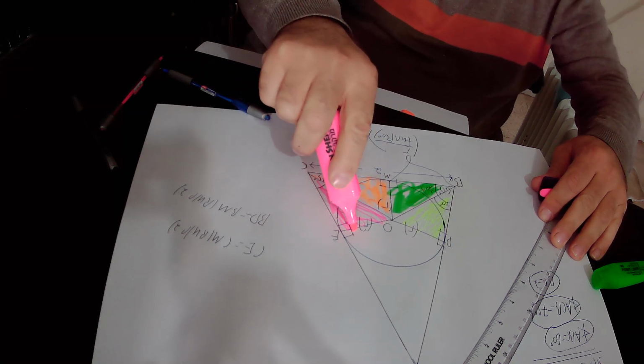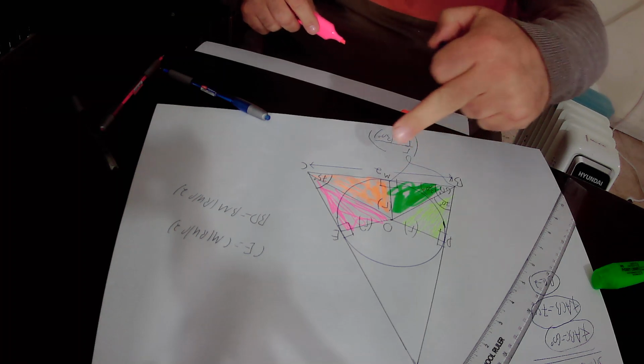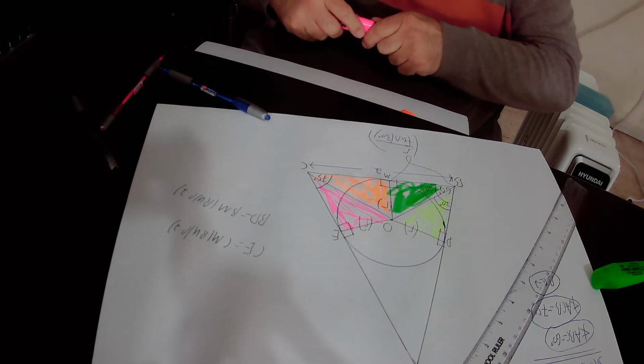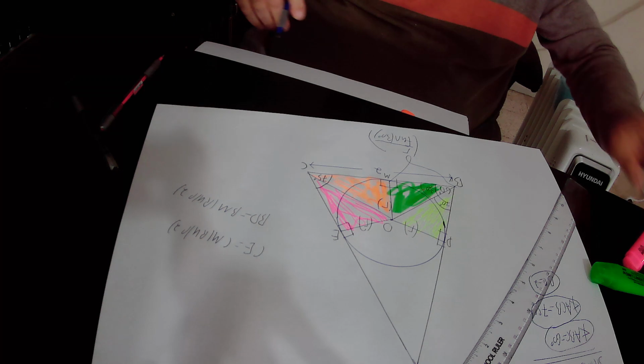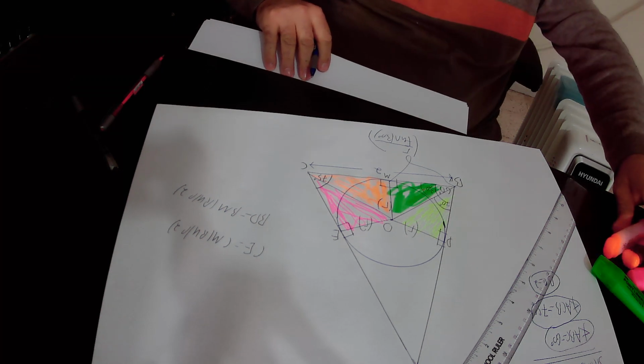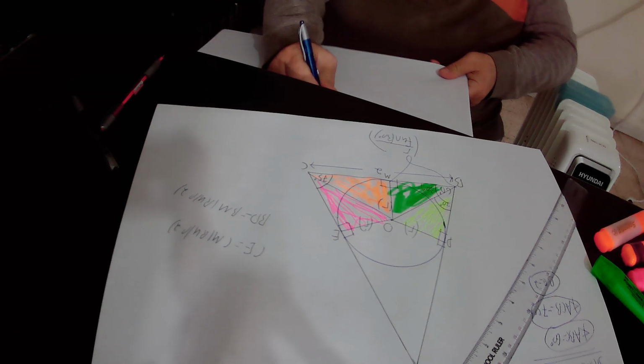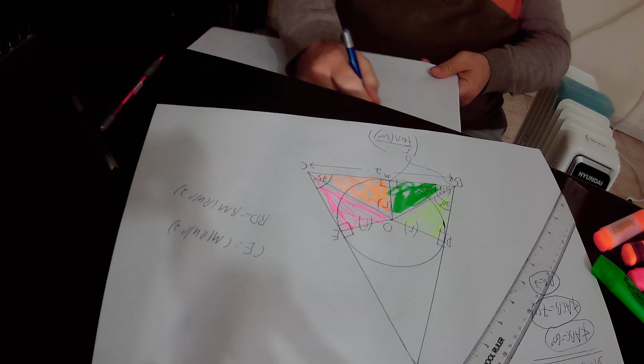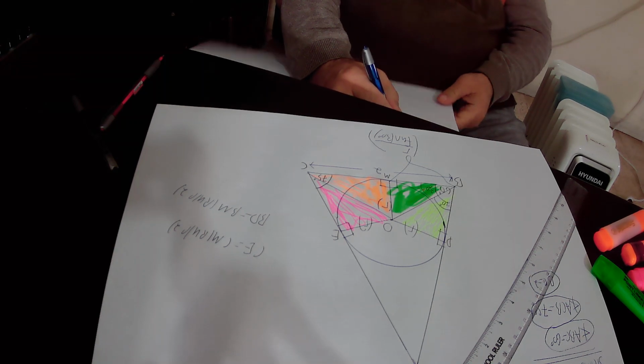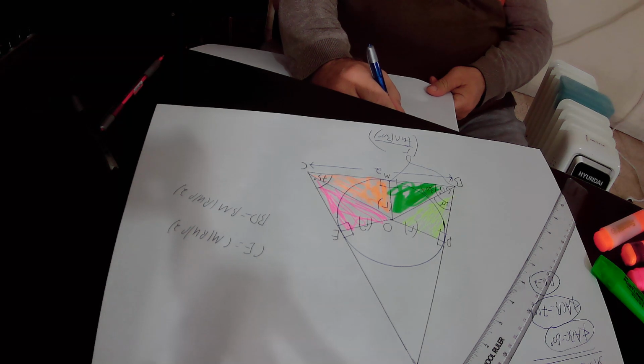Read again, we prove that the orange triangle is congruent to the pink triangle. So I write it down. The orange triangle is triangle OMC.